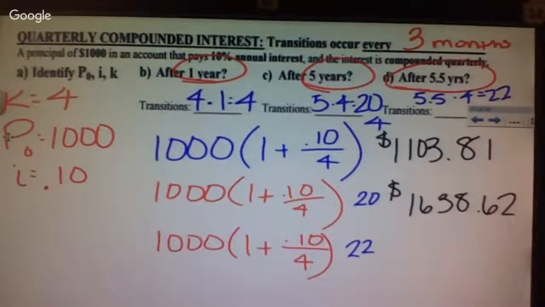And if I keep it in for 5.5, $1,721.57. So all of these problems are now going to be the same. We're just changing your K values. Okay?